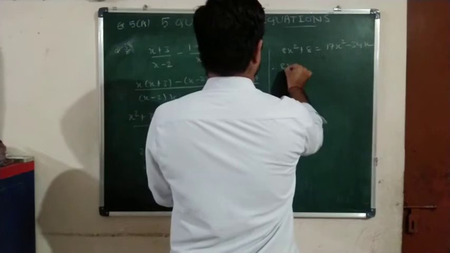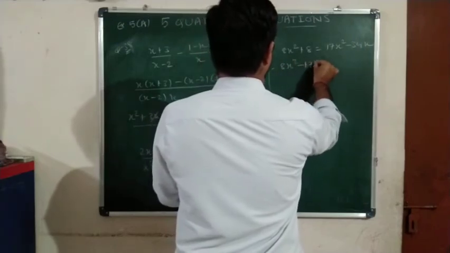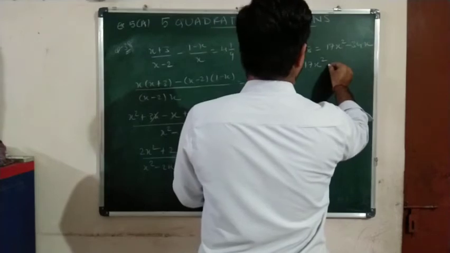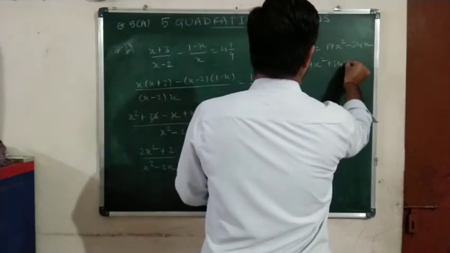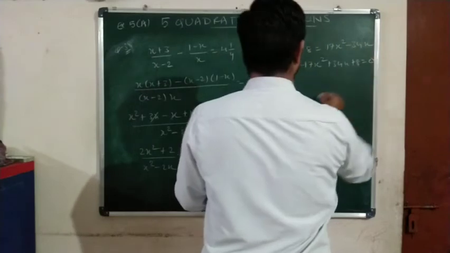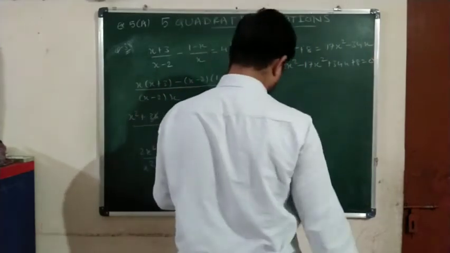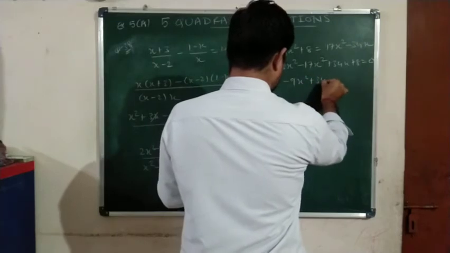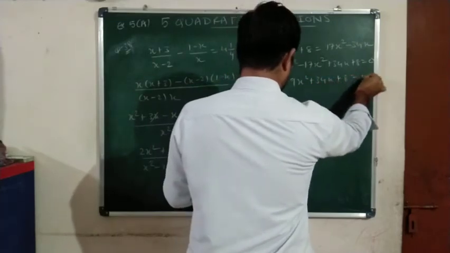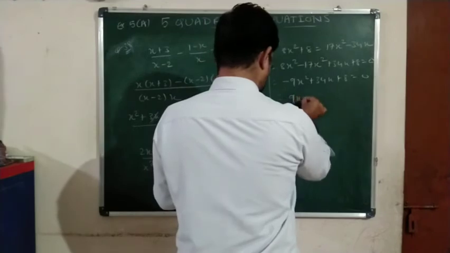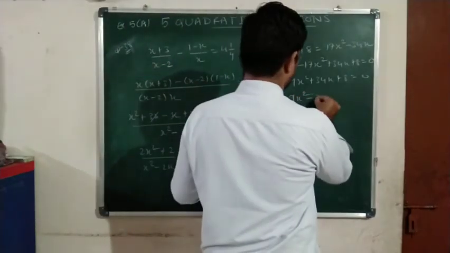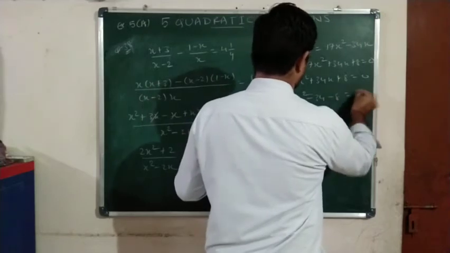34x. Therefore 8x square minus 17x square plus 34x plus 8 is equal to 0, minus 9x square plus 34x plus 8. Therefore taking minus 1 common, 9x square minus 34x minus 8.